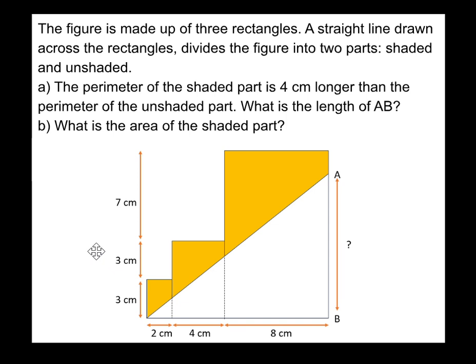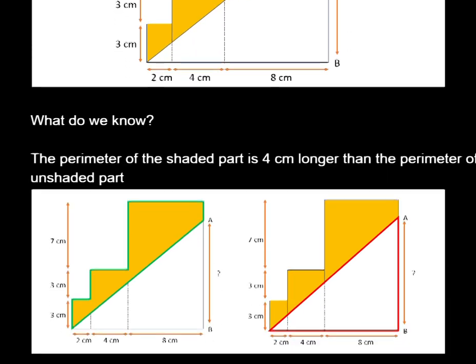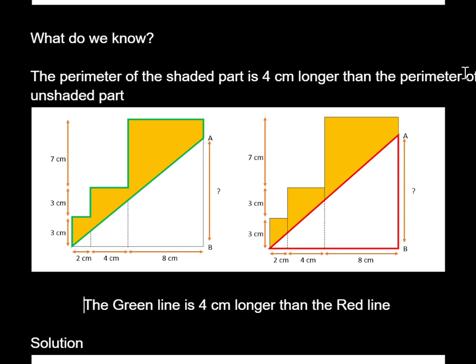So these are the dimensions. The smallest rectangle is 3 cm by 2, and the next one is 4 by 6, and so on. Okay, now let's look at what we know about this question. The perimeter of the shaded part is 4 cm longer than the perimeter of the unshaded part.